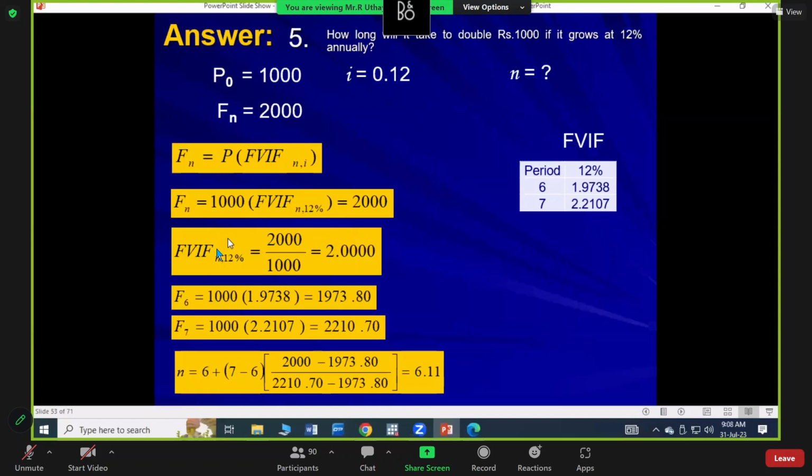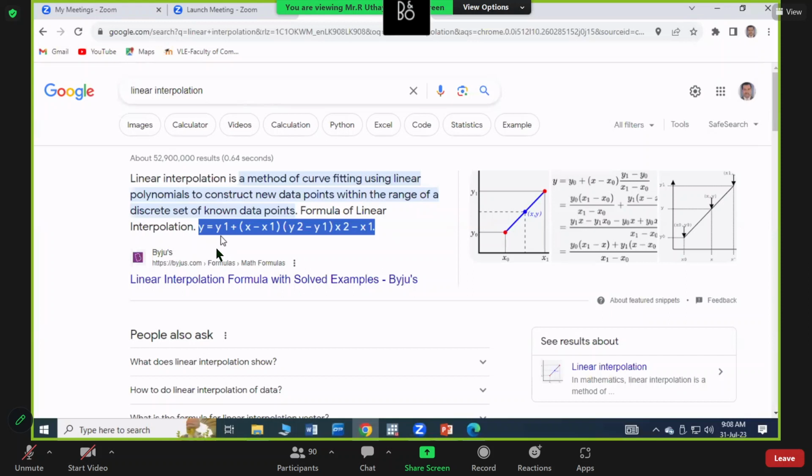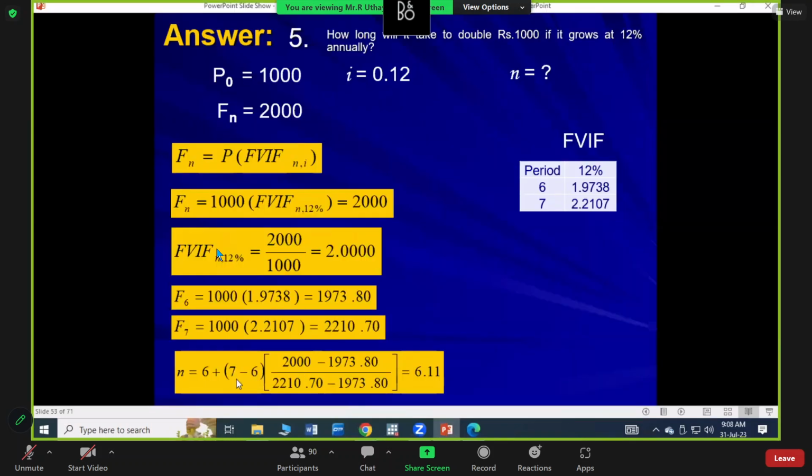You start with y1, plus the 2000 is the required value, over 7 minus 6, the range between this lower rate and the higher rate. You take the required one. Required is the 2000, but at the lower rate it's 1973.